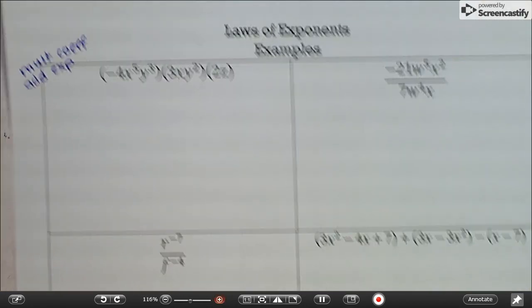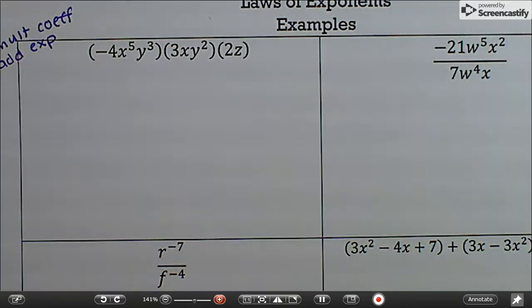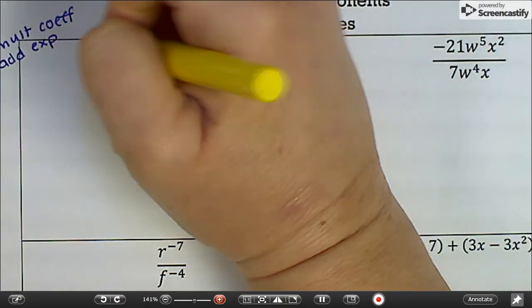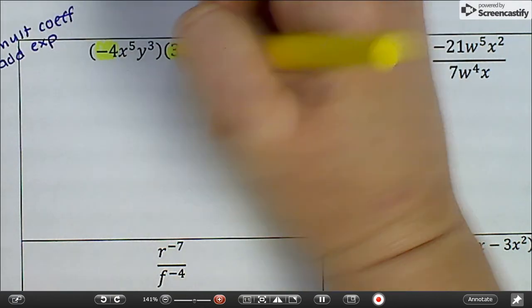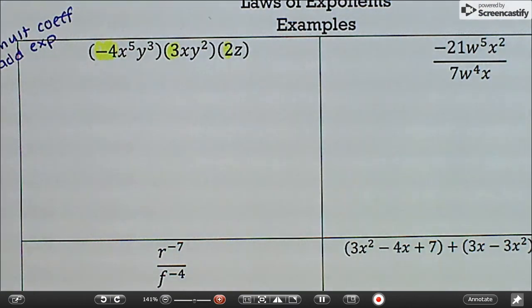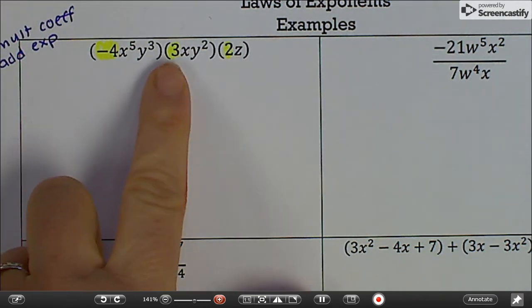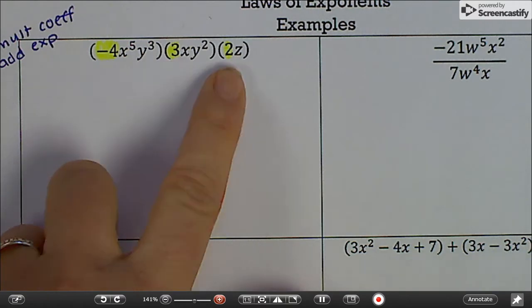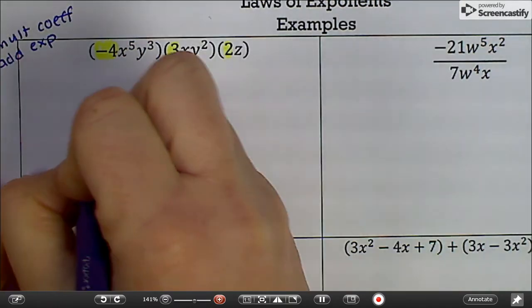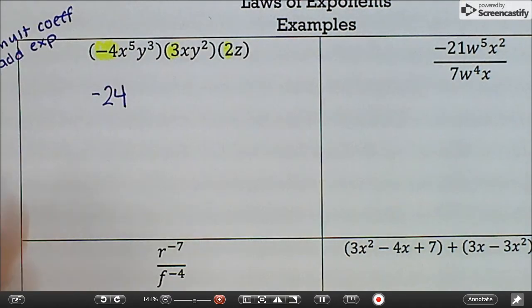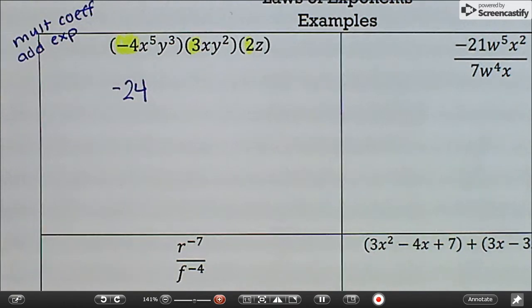So in this case, I'm just going to highlight them. Our coefficients are -4, 3, and 2. Those are the coefficients. So we need to multiply -4 times 3, which is -12, and -12 times 2, which is -24. Okay, so first we multiply the coefficients.